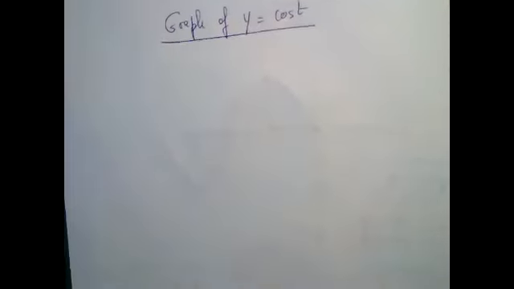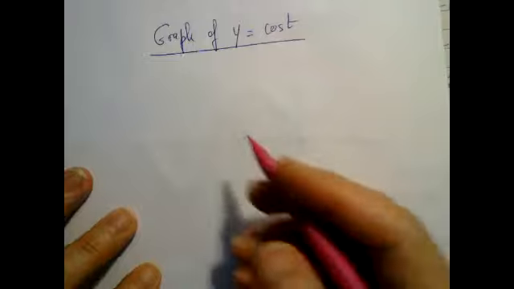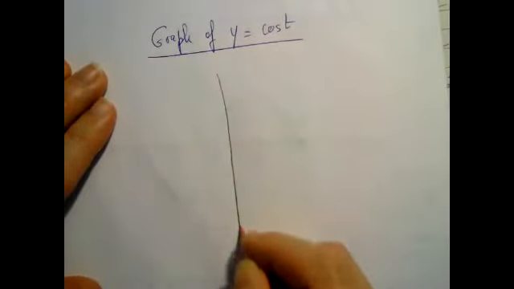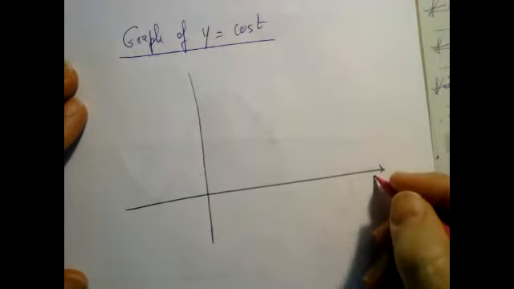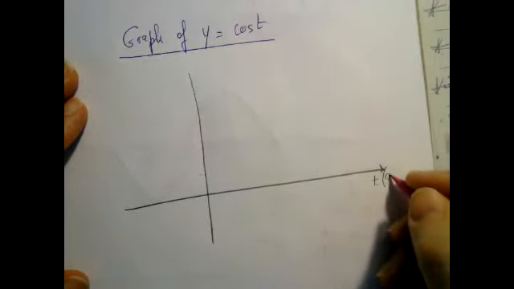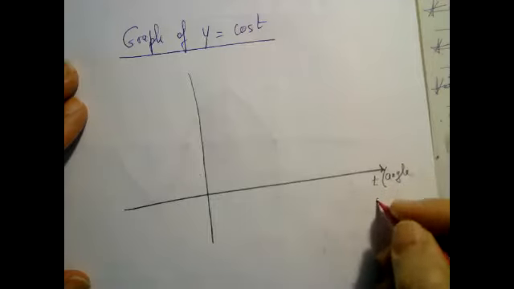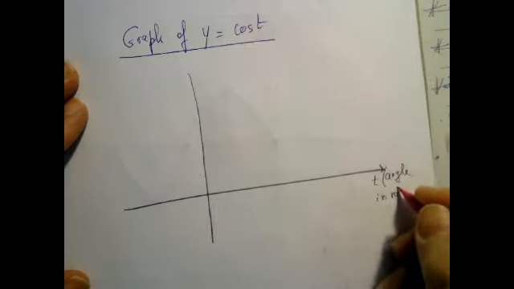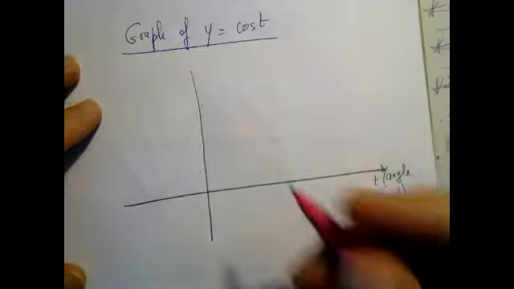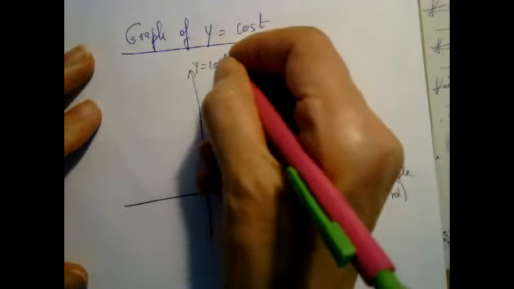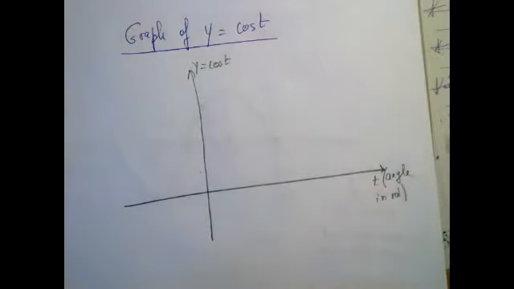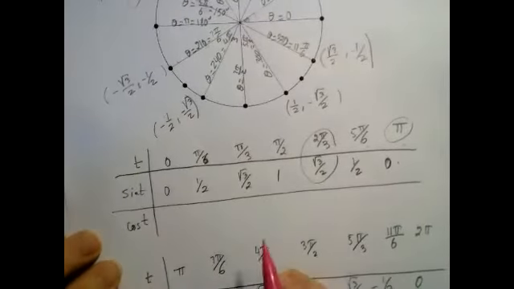What does it mean, the graph of something? You take two lines, horizontal and vertical. On the horizontal, you put the value of the angle in radians or degrees, but I'm emphasizing radians more. And here we put the values that the cosine of the angle takes. Then we draw those points. So to draw, I need the values of the cosine.